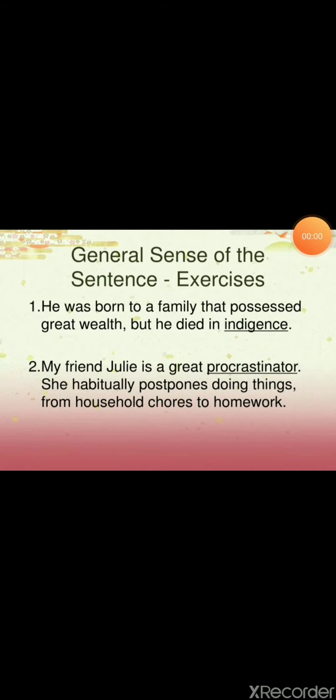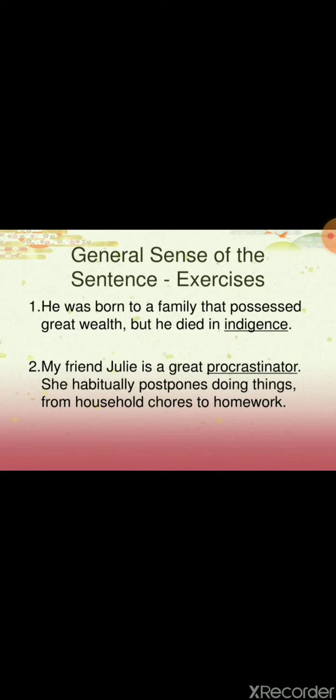Look at some exercises with examples. He was born to a family that possessed good wealth, but he died in indigence. My friend Julie is a great procrastinator. She habitually postpones doing things. Postpones indicates that procrastinator means keeping everything for tomorrow: not punctual, not disciplined, not organized.